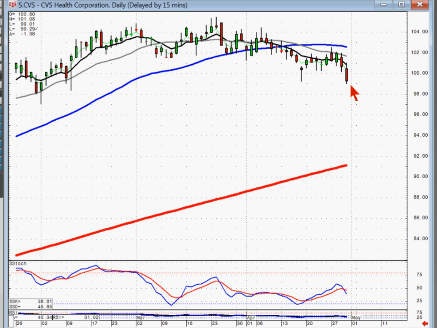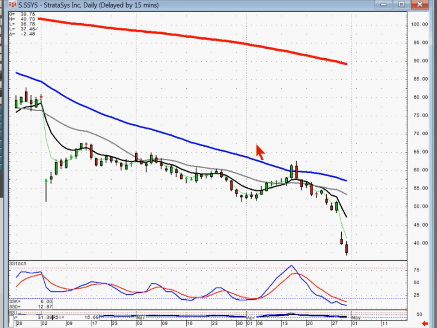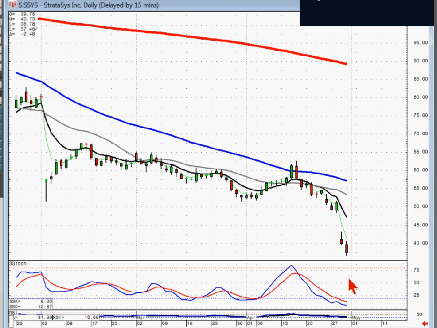Get ready to short this one on any weakness, because that slow curve is very powerful when they start breaking it down. SSYS, there was that kind of slow curve. Notice your bearish engulfing signal right here at the 50, and they've never been able to get back up. They gapped it down. You stay short on this one until you see a buy signal.